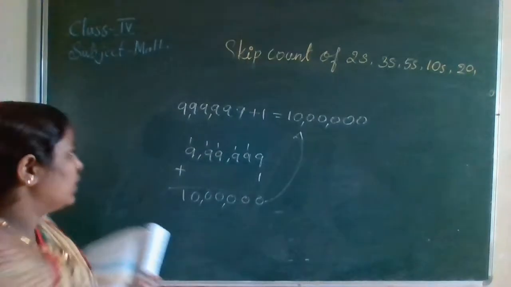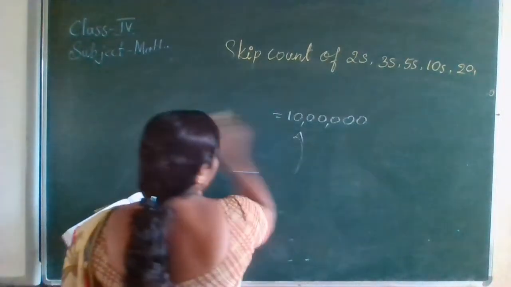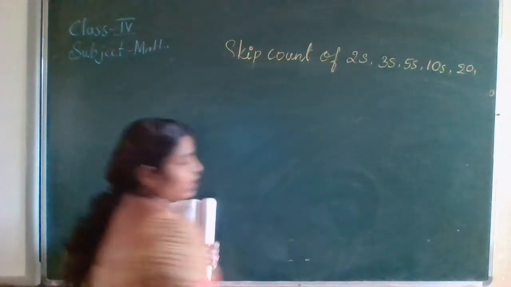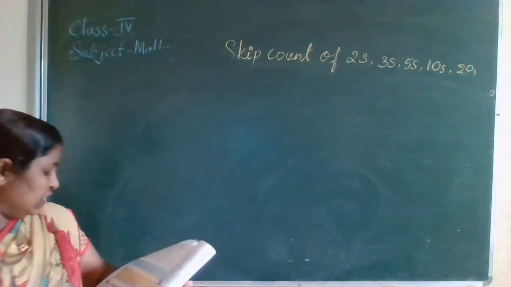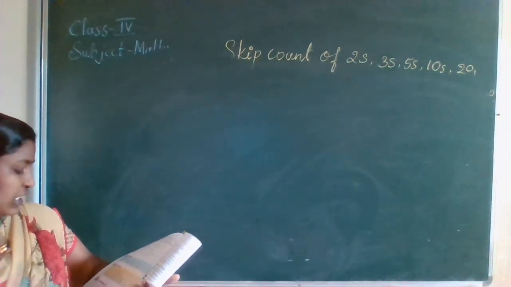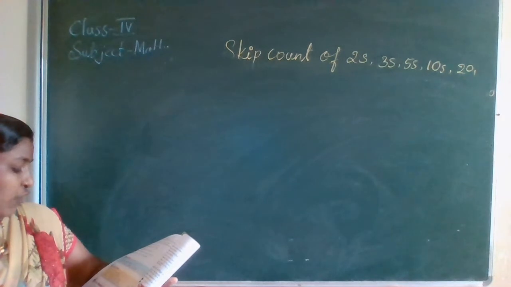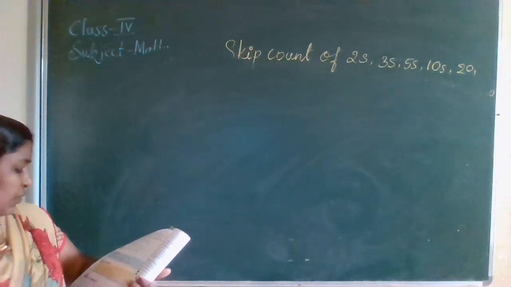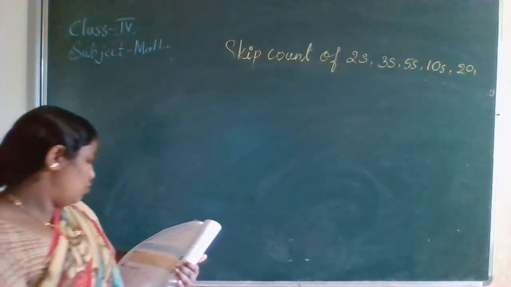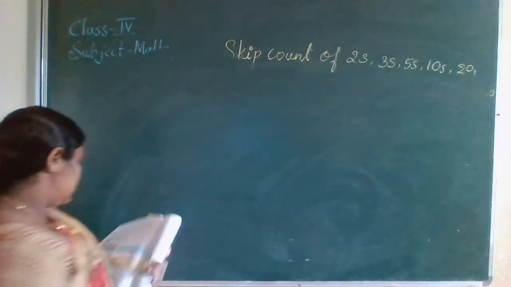Is the predecessor of a 6-digit number always a 5-digit number? No, this is also no. I'll tell you an example. Sometimes it will be a 6-digit number.